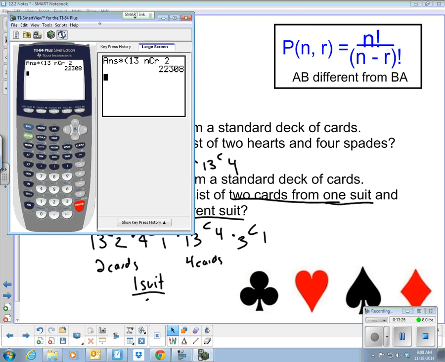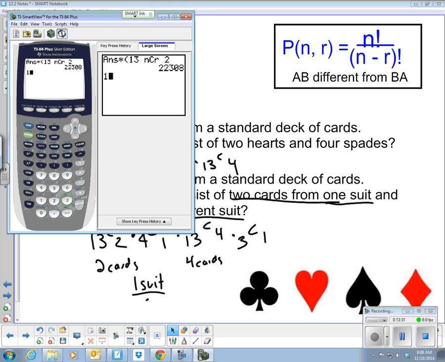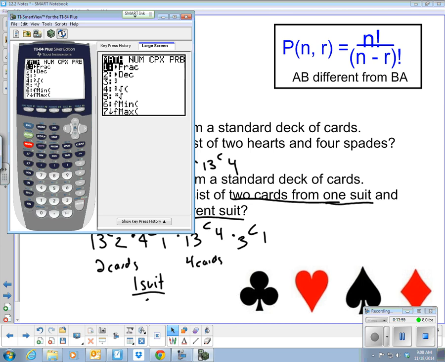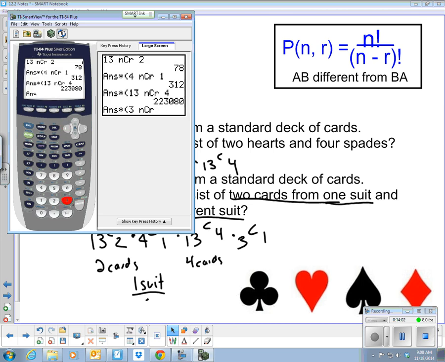So you're going to have 13 choose 2, times 4 choose 1, times, then parentheses, 13 choose 4, times, one more time, 3 choose 1.